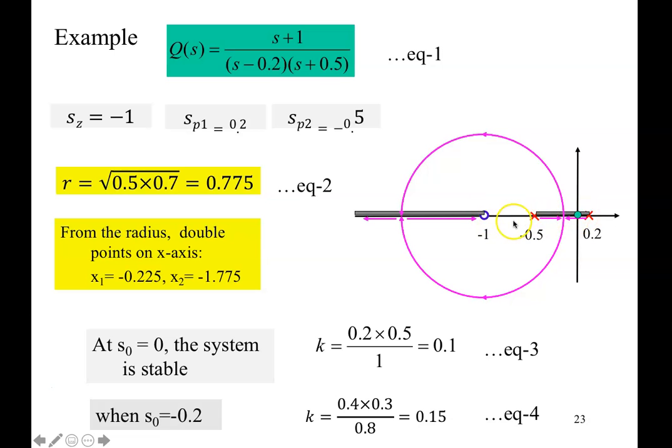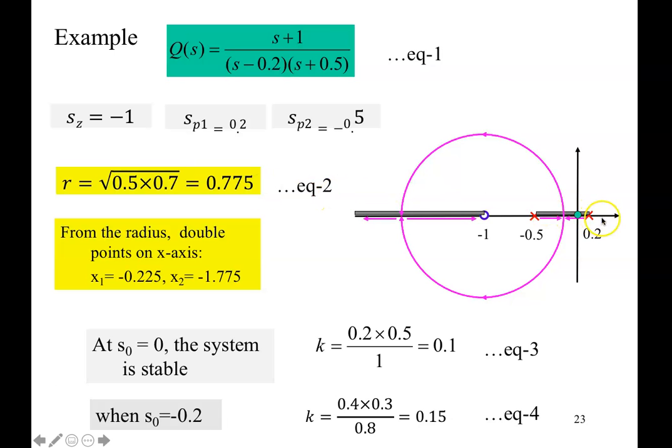So the distance is 1.2, not 0.7. The answer is the same; it's a typo. The answer will be 0.775, but it should be 0.5, which is the distance between this zero and this pole, and then 1.2 is the distance between this zero and 0.2. 1.2 times 0.5, that's 0.6. Square root should be 0.775.